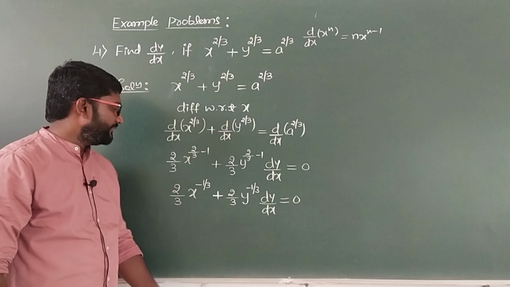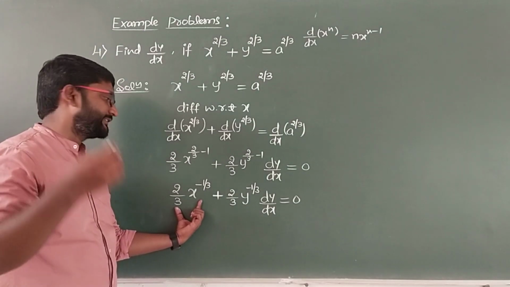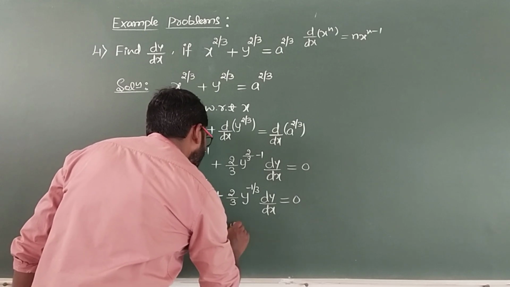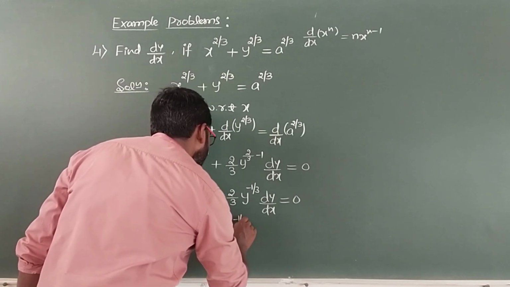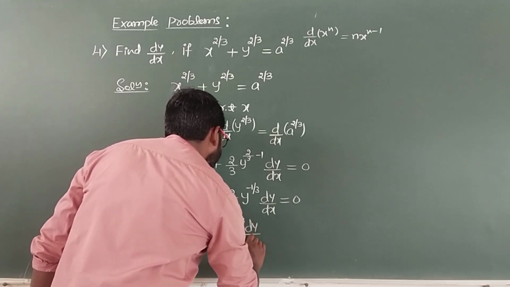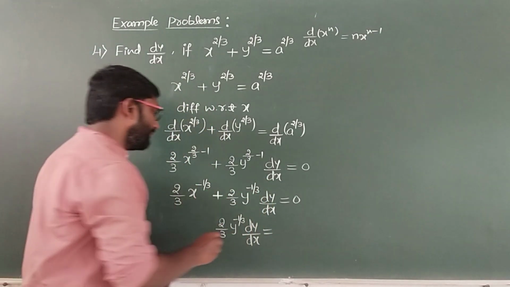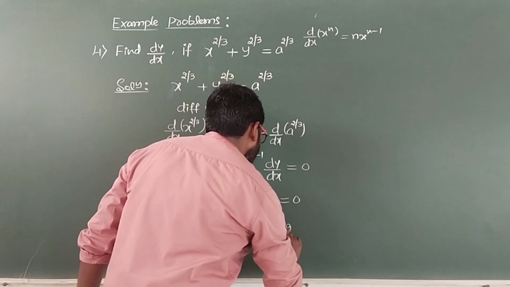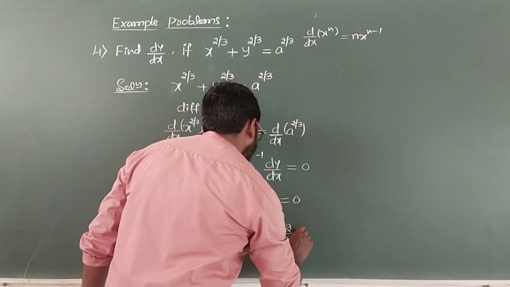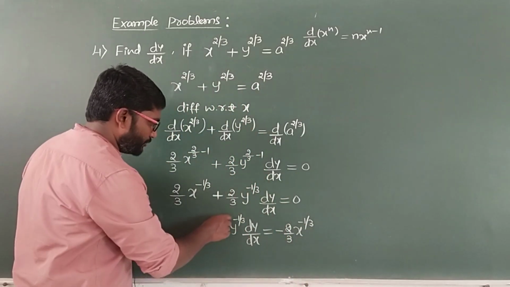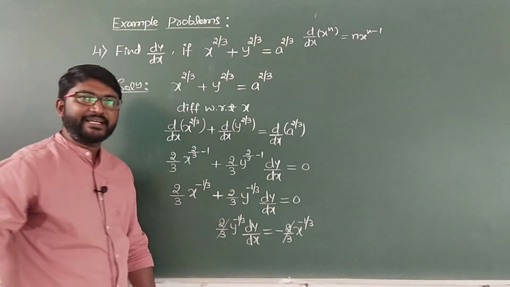Now what I will do is take this term to the right hand side. So 2 by 3 y to the power minus 1 by 3 into dy by dx is equal to minus 2 by 3 into x to the power minus 1 by 3. So here 2 by 3 and 2 by 3 get cancelled.